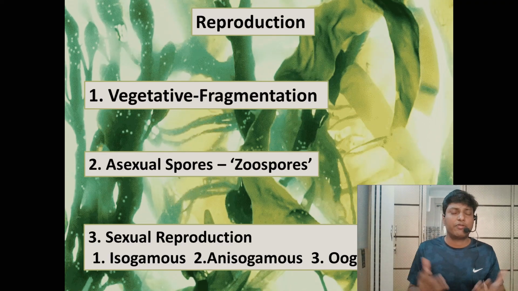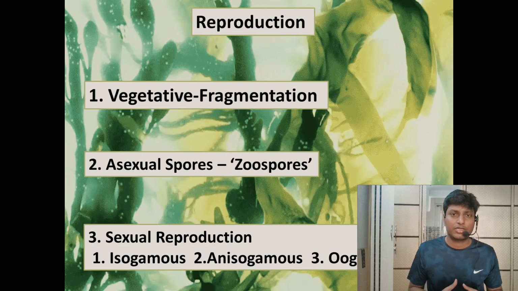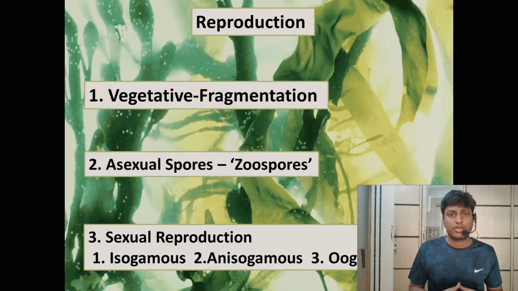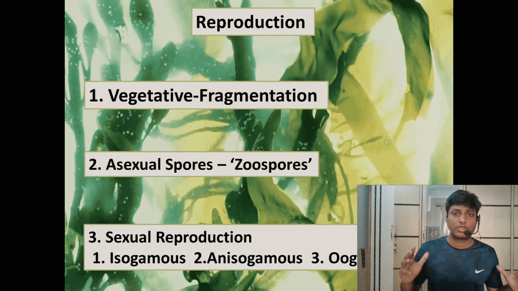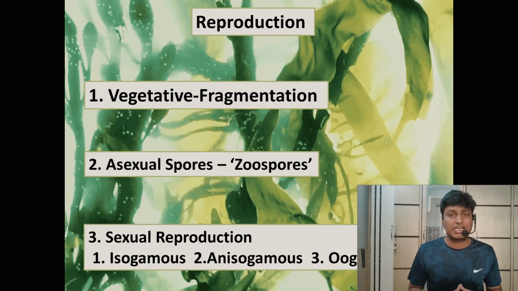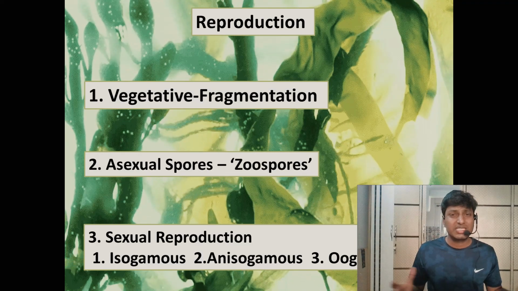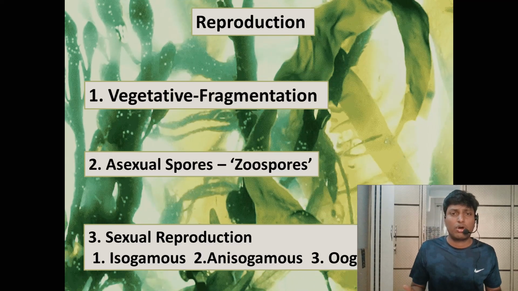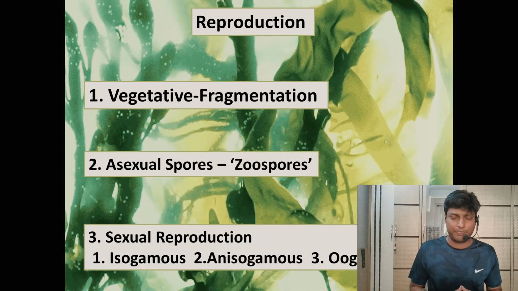Now another type of reproduction is called asexual reproduction, which certain algae can also perform. Asexual reproduction is performed with the help of spores, my dear friends. So spores are formed in certain algae. What are these spores? These are nothing but asexual spores, and basically, dear students, spores are always haploid in nature, right?